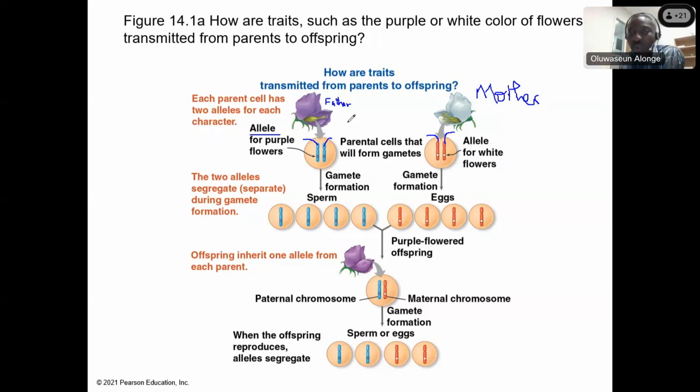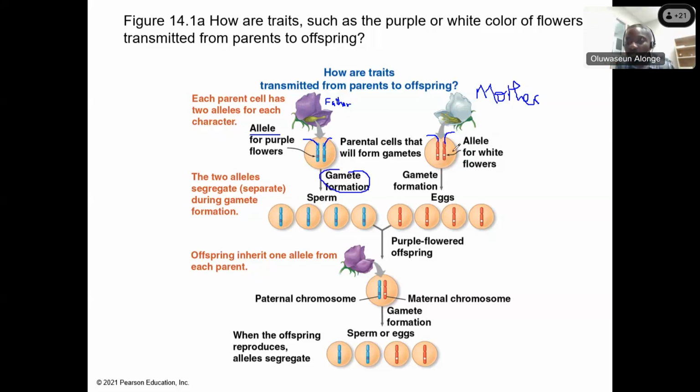So now, when these parents want to give birth to a child, you see this allele, of course, we did mitosis and meiosis already, right? These parents will go through meiosis, which is what forms the gametes, and then sperm will be produced. So sperm one, two, three, four. And of course, you know that all these sperm have different genetic variation because they are haploid, from your knowledge of meiosis.